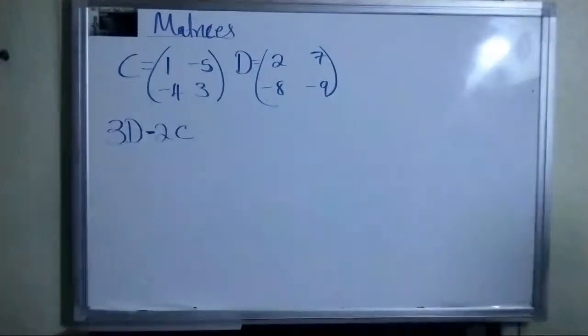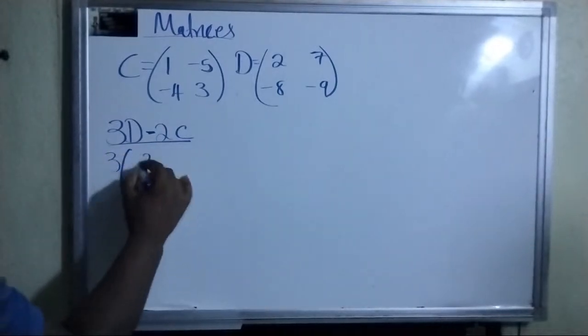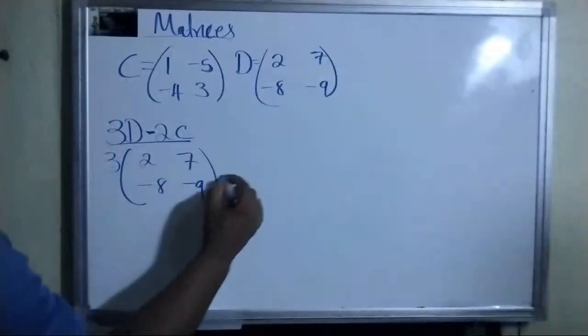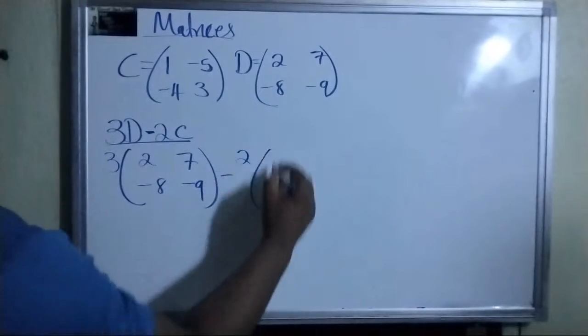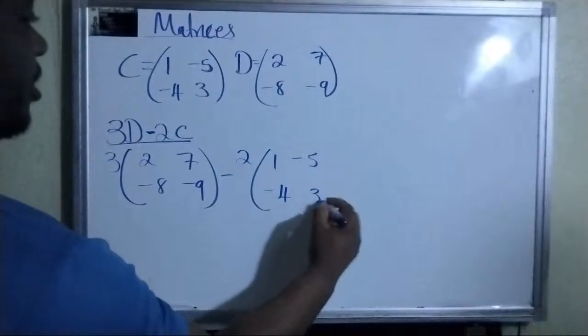So we have 3D. So we group them based on the order. So D up front. So D is 2, 7, negative 8, negative 9, minus 2C, naturally, of C right there. Alright?